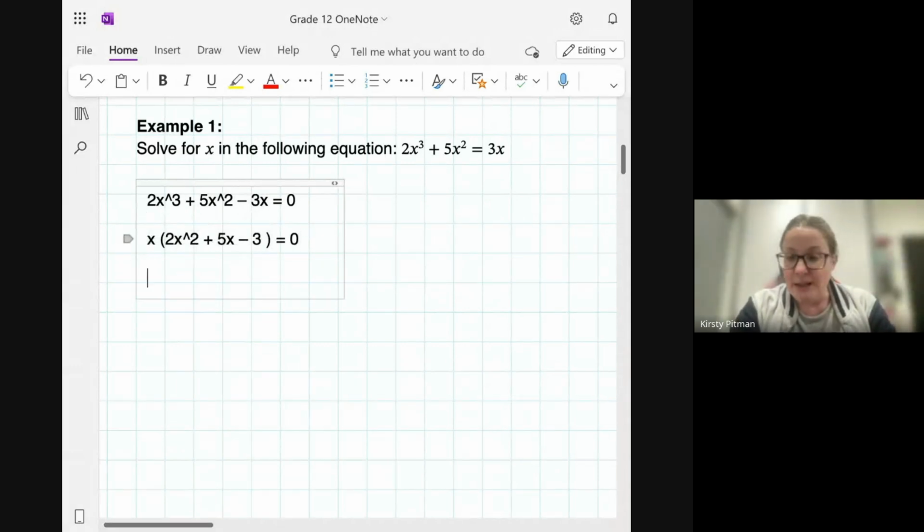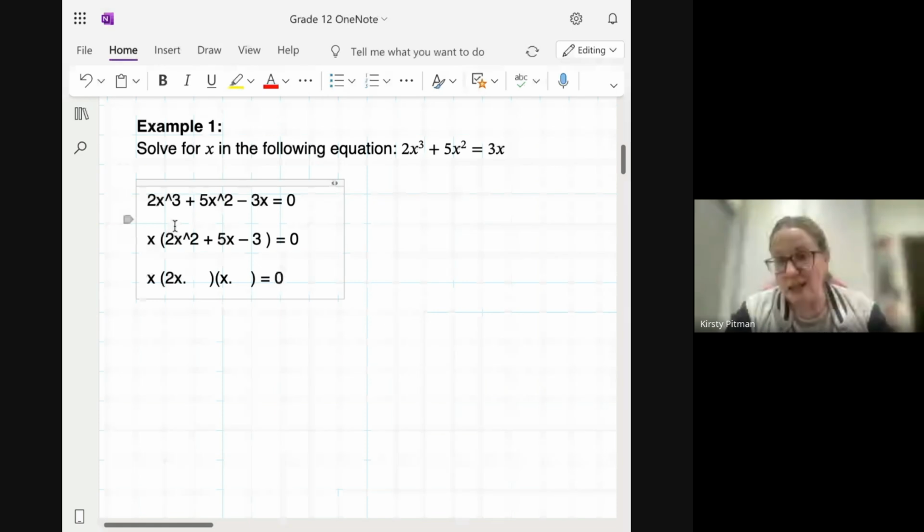Now that I've done that, my life becomes a little bit easier because I've got x, open brackets. I know I'm going to have 2 brackets. I know in the one, my first factor is 2x. I know in the other one, my other factor is going to be x. And that's all going to be equal to 0. 2x times by x gives me 2x squared. I need to have -3 on the end, which means I need to have a negative times a positive.